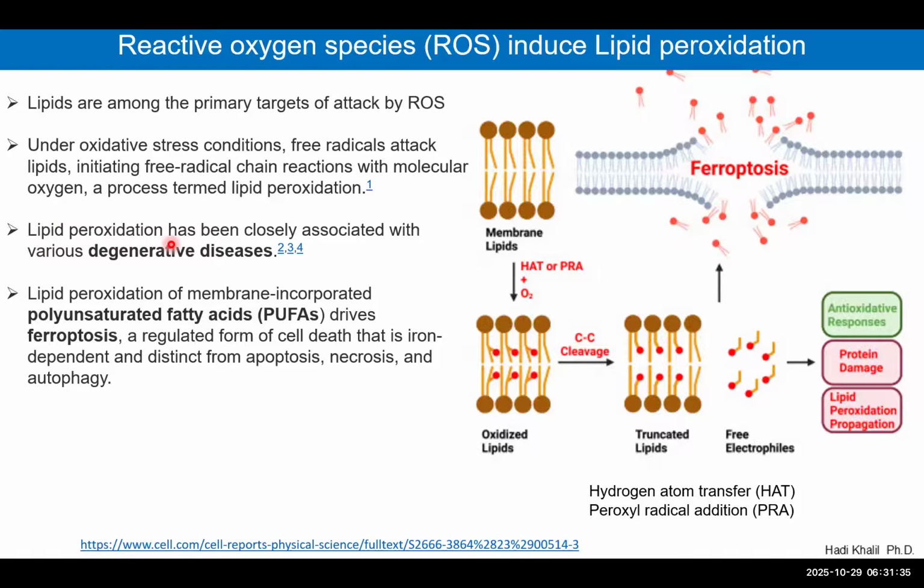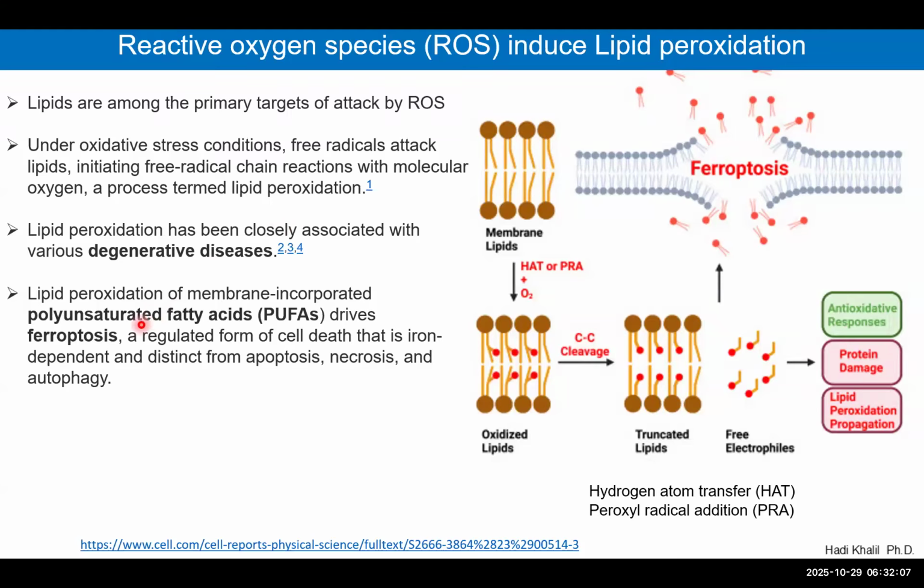Lipid peroxidation has been closely associated with many diseases. I have references here for you, like all degenerative diseases probably are correlated with that. But what exactly causes the damage? So the lipid peroxidation mainly happens at the membrane incorporated polyunsaturated fatty acids. So these molecules here.